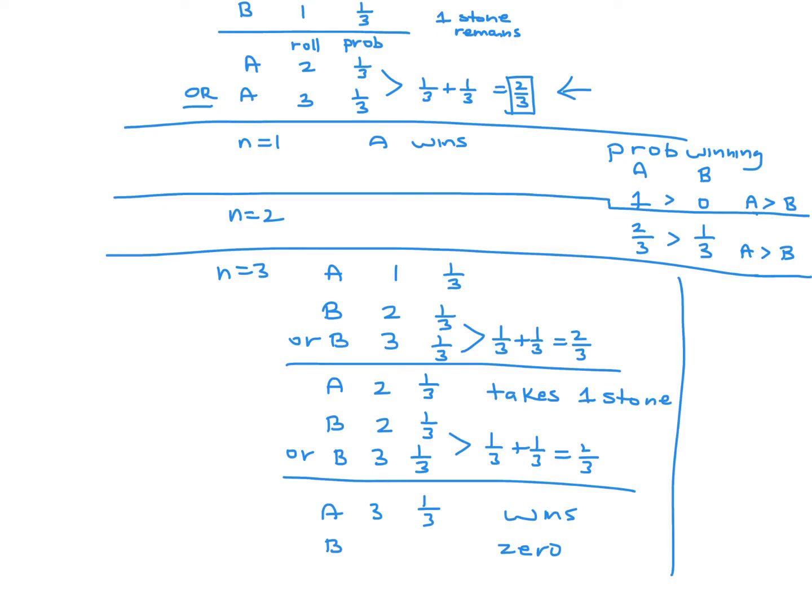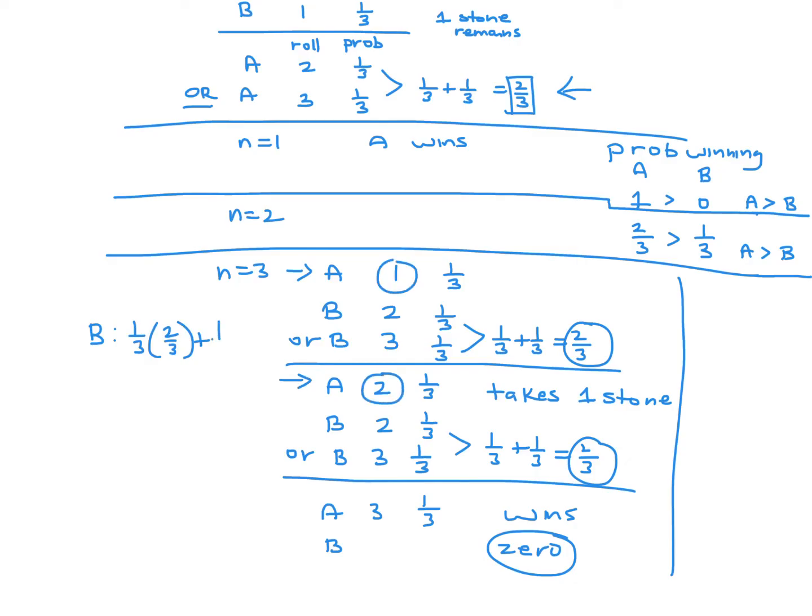Bob's probability of winning is this and this and this: a 1/3 chance of the first scenario happening and 2/3 probability of him winning, a 1/3 chance of the second scenario and a 2/3 chance of Bob winning, and a 1/3 chance of this scenario happening and a 0 chance of him winning. So when you add all these up, it's 2 over 9 plus 2 over 9, which is 4 over 9.